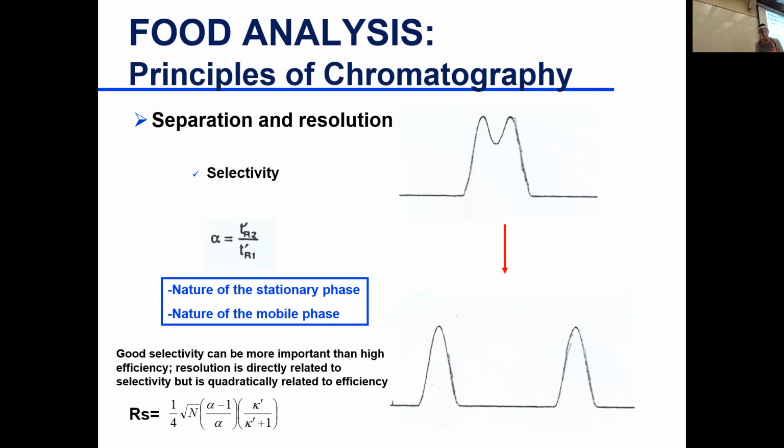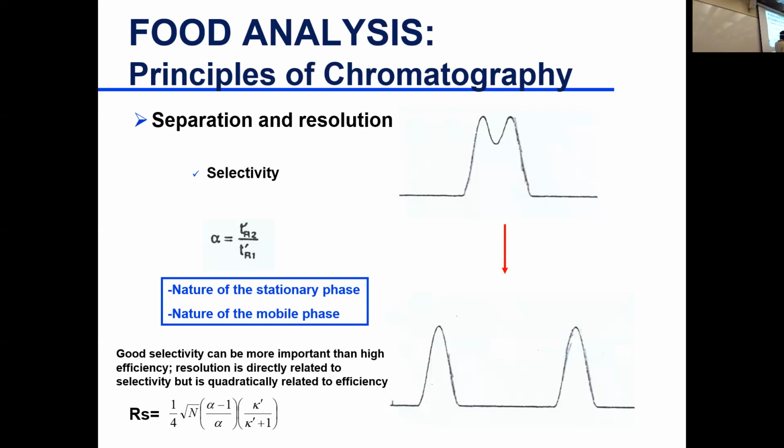Obviously, if you're doing strong anion exchange, you can go to an intermediate anion exchange or a weak anion exchange. So you can enhance the selectivity. And the selectivity is designated by the factor alpha, which is the adjusted retention time of peak 2 over the adjusted retention time of peak 1.